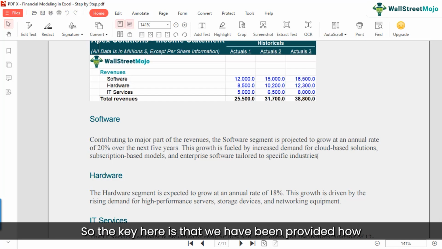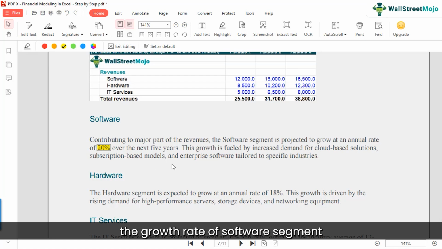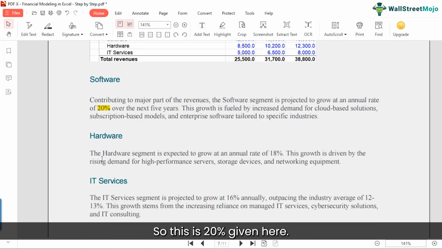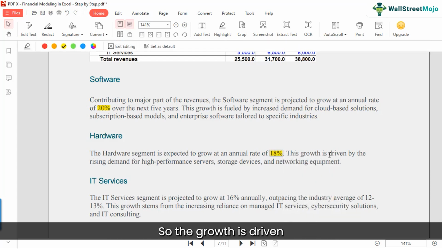So the key here is that we have been provided how the growth rate of software segment will look like over the next 5-year period. So this is 20% given here. How about hardware? Hardware segment is expected to grow at an annual rate of 18%. The growth is driven by rising demand for high performance servers, storage devices, and networking equipment.